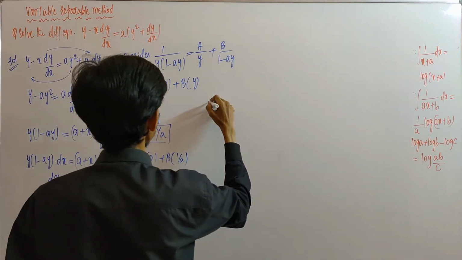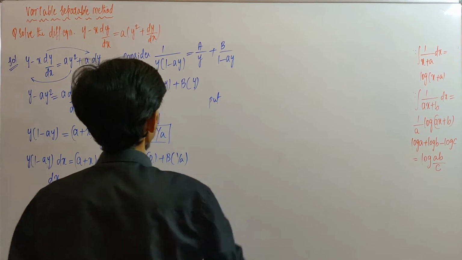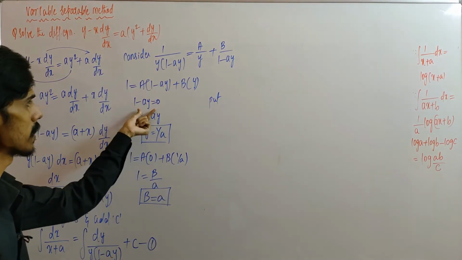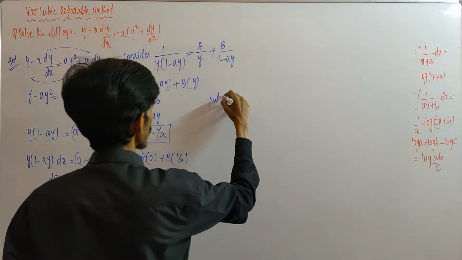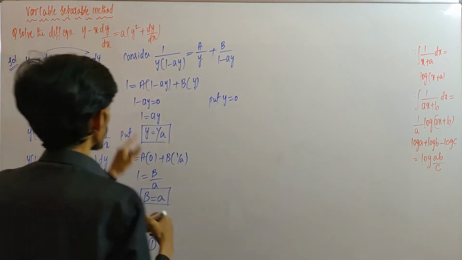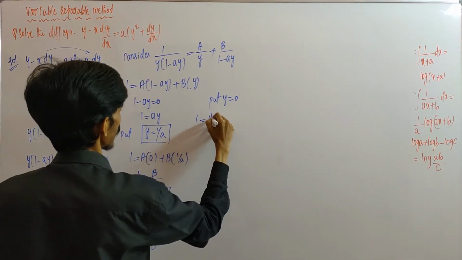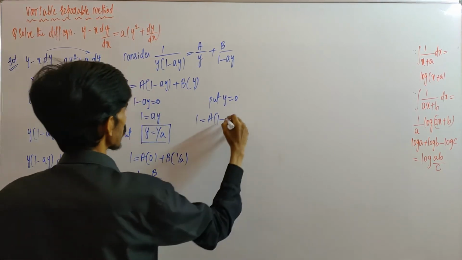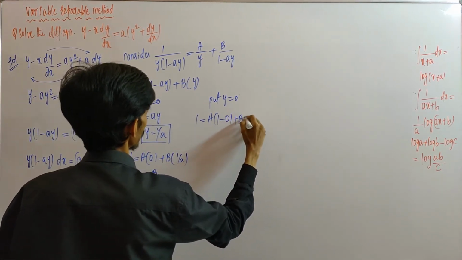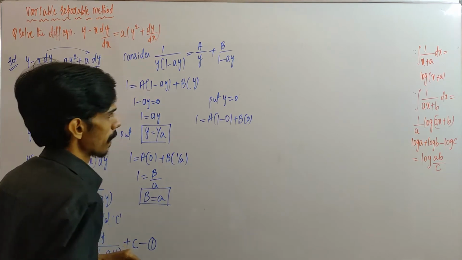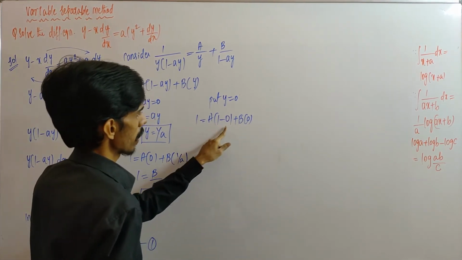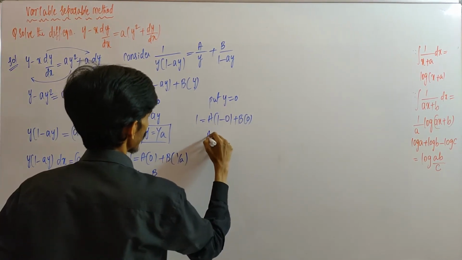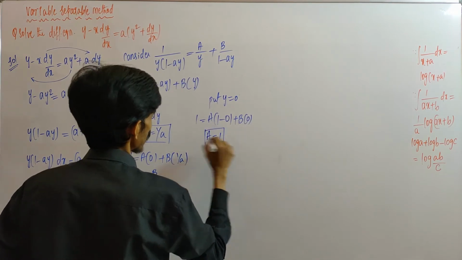Similarly, put the first factor equated to 0, now the second factor y equated to 0. So here I have 1 is equal to A into 1 minus a into the y value, which is 0, so 0 plus B into 0. So B will become 0 and the A value is 1 only.